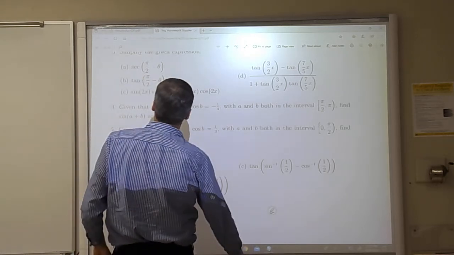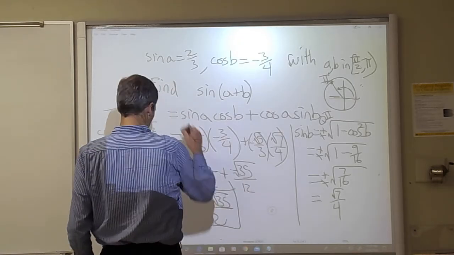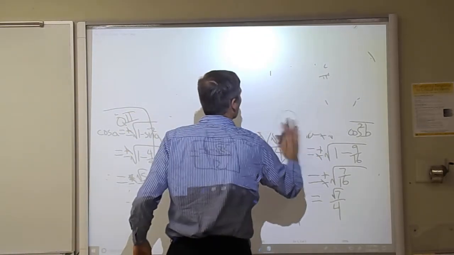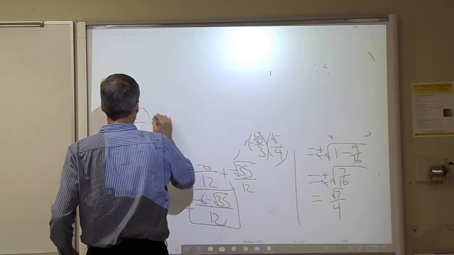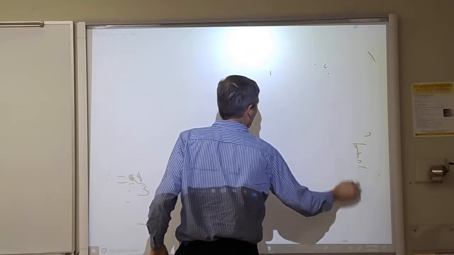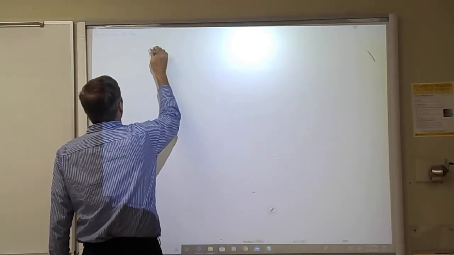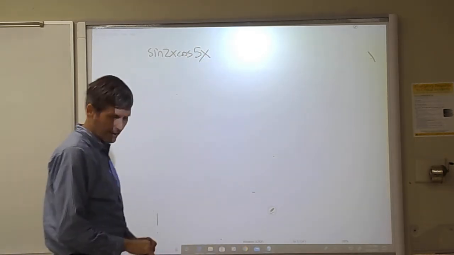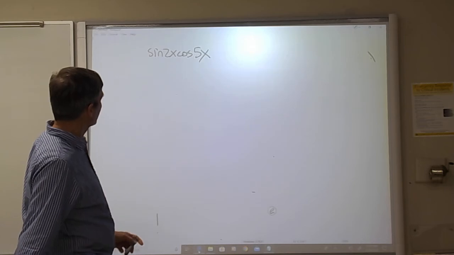We have sine 2x cosine 5x minus sine 5x cosine 2x to simplify.